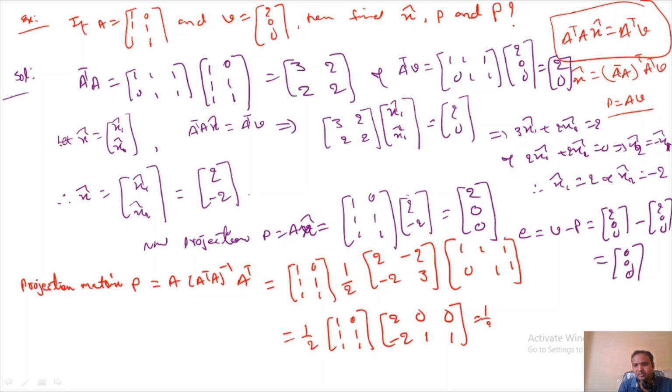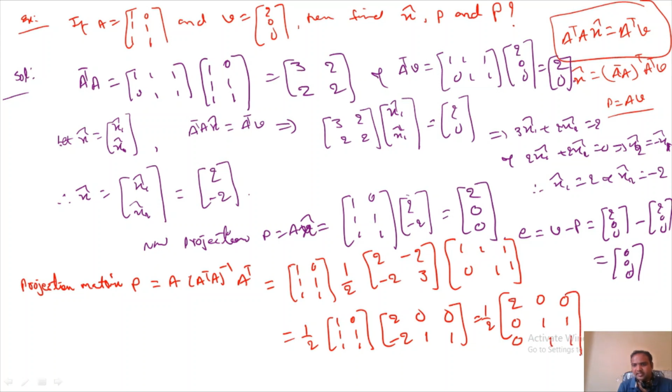This one is equal to 1 by 2 into a 3 by 3 matrix, because it's R3 space, you get a 3 by 3 matrix. Now 2 minus 2 0 0 into 1 1 0 1 1.